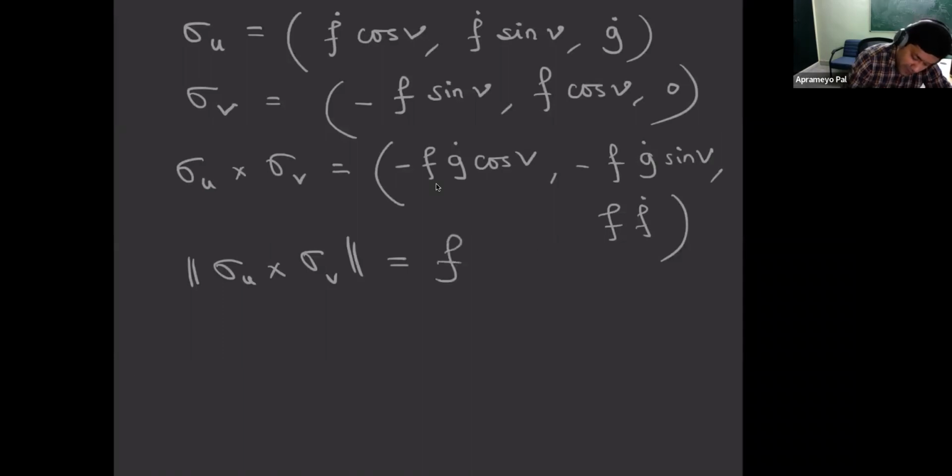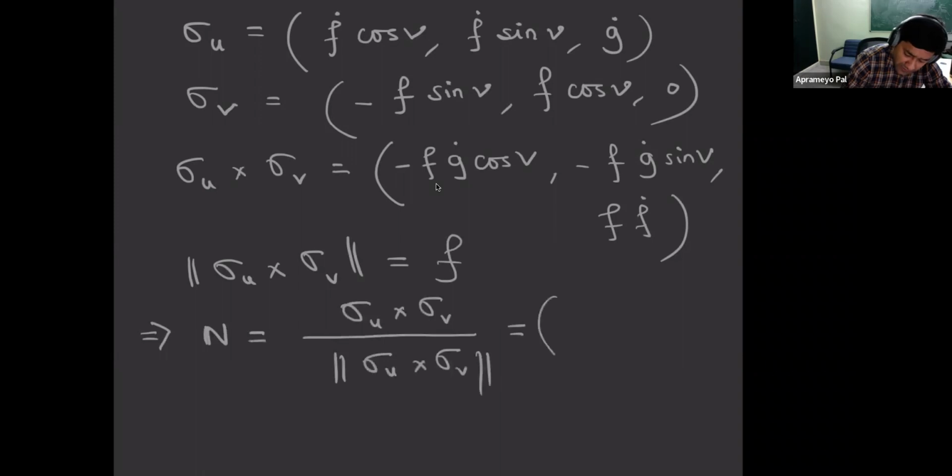So this implies the unit normal vector is sigma u cross sigma v over its norm. So this is then minus, you just cancel out f, minus g prime cos v, minus g dot sine v, and f dot.